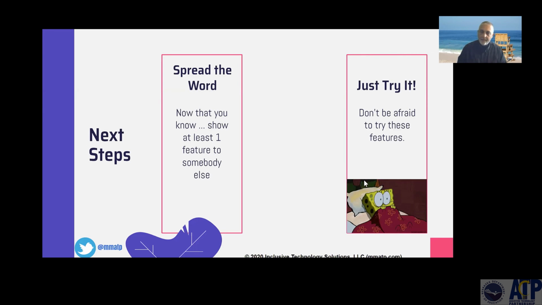The other thing about built-in accessibility features that I tell people is you can't be afraid of them. Just try them. Turn them on. Here's my final reminder that I gave you in the beginning. I'll give you at the end. One feature at a time. Turn them on, explore, turn it off, try something else.